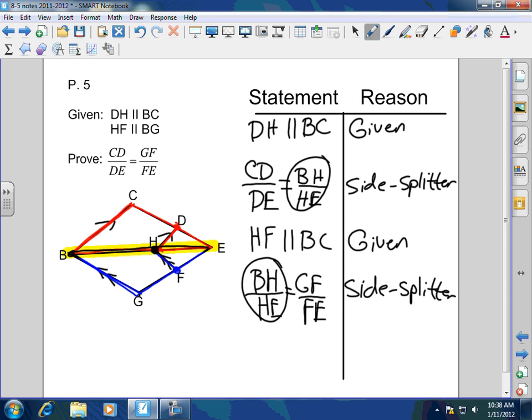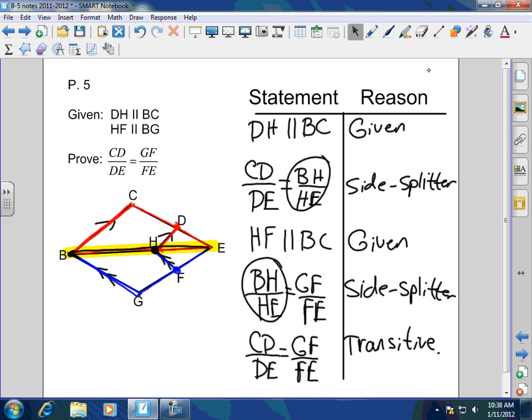That is transitive. So I know now that CD to DE will equal GF to FE because of transitive. Does that make sense? Are there any questions at all?